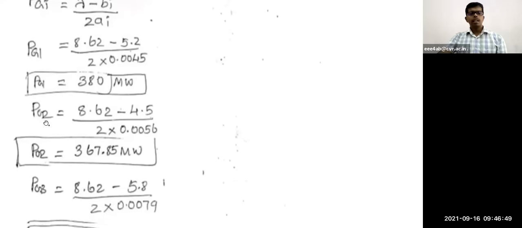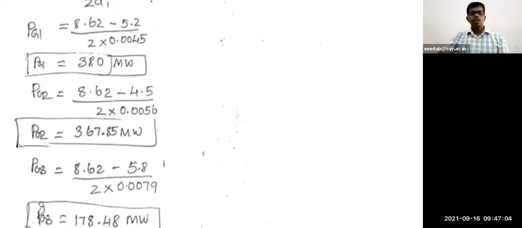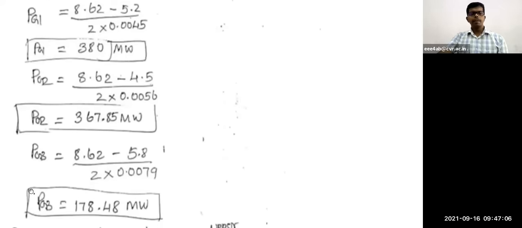Similarly for generating unit 3, if you substitute 8.62 minus 5.8 divided by 2 into 0.0079, you are getting PG3 as 178.48 megawatt.